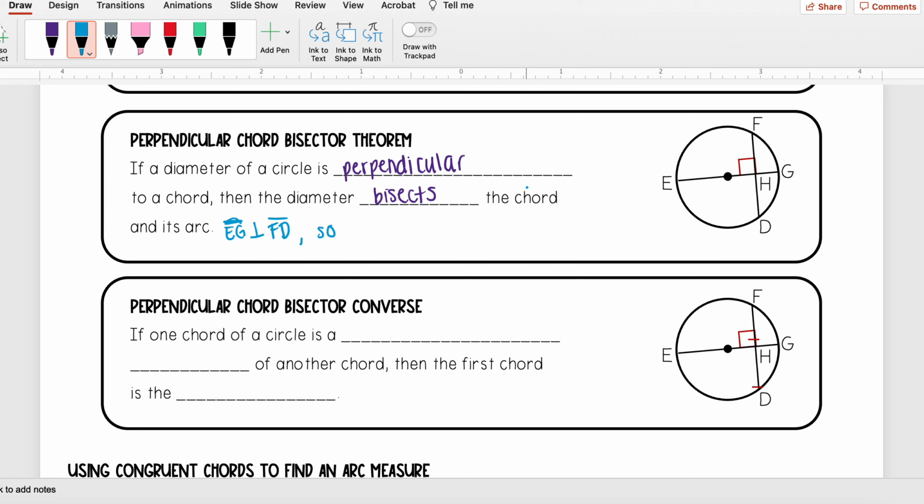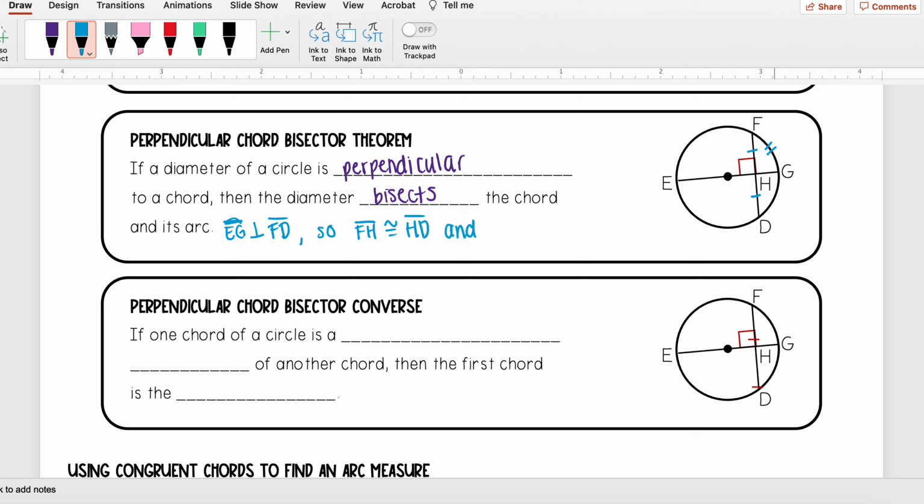And since the diameter therefore bisects the chord and its arc, what that's really saying is that FH is congruent to HD, and its arc is also congruent.